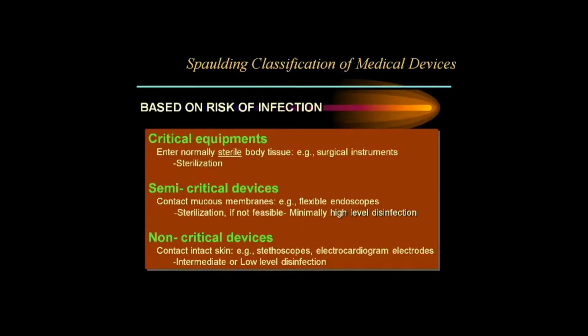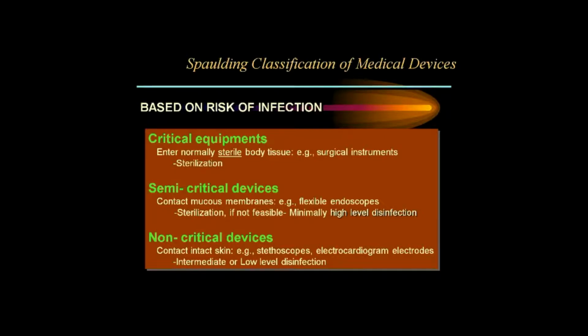Critical equipment is that which enters normally sterile body tissue, for example entering the peritoneal cavity, a joint cavity or a pleural cavity. All such surgical instruments need sterilization.